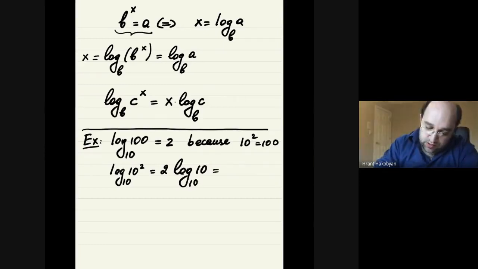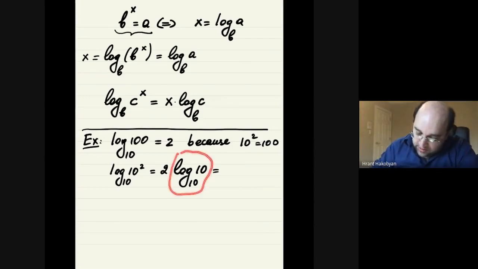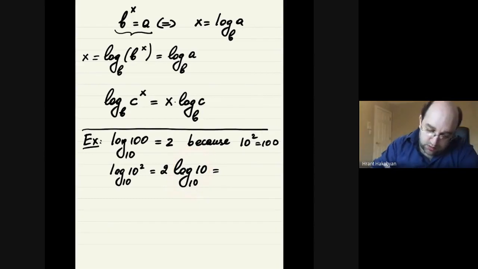Then the question is, what is this number here? Well, that's the power I need to raise 10 to obtain 10. What power do I need to raise a number to get the same number? That's power 1. If I raise any number to power 1, I get the same thing. So this thing here is equal to 1, and the whole thing is equal to 2.